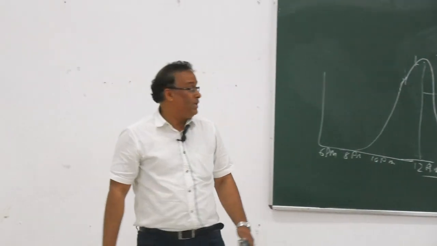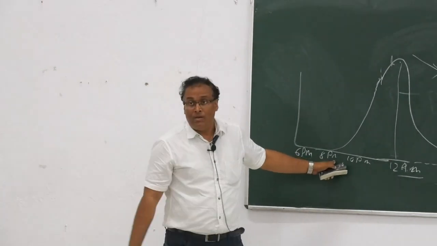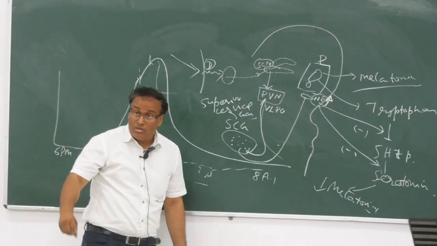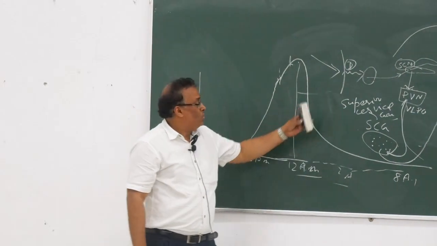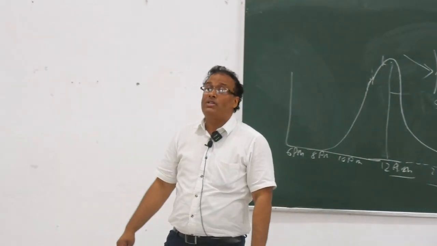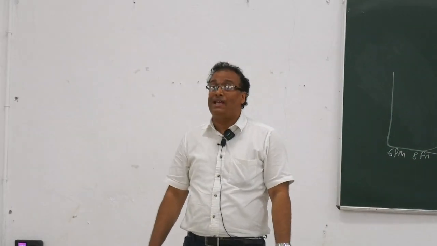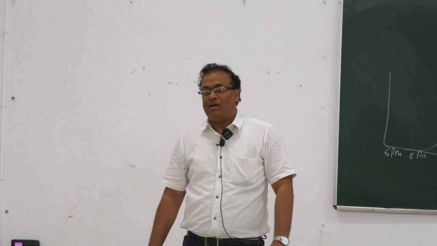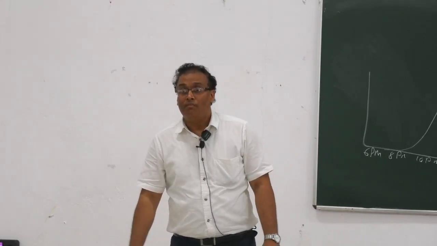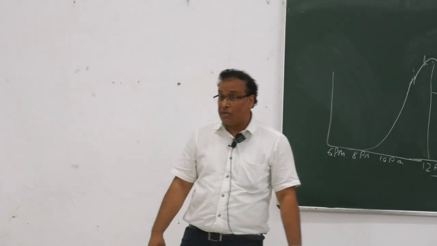But whatever you are dealing with at 8 p.m., it starts to increase the norepinephrine, because the suprachiasmatic nucleus gives information, or rather you can say that it is inhibited by the GABA, gamma-aminobutyric acid. It's a neurotransmitter.